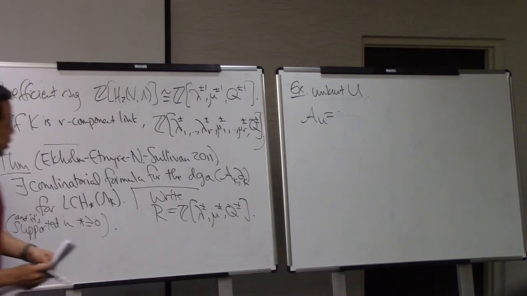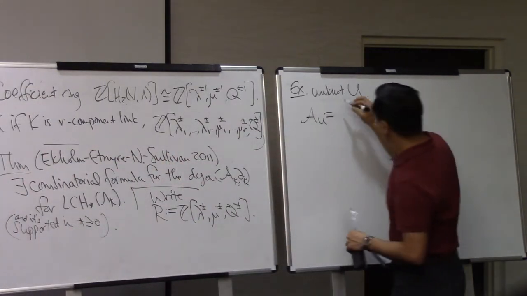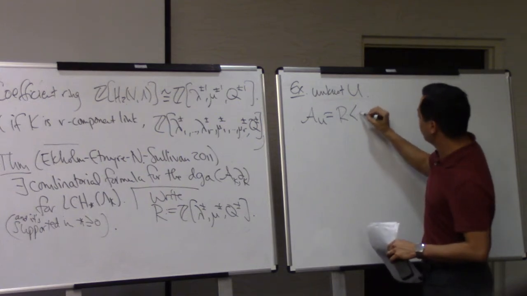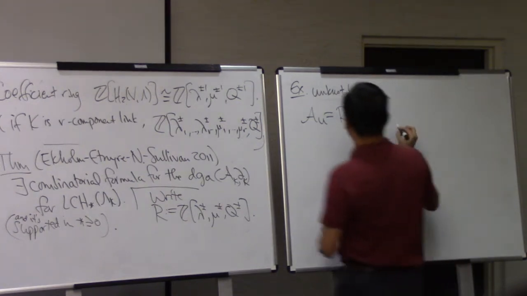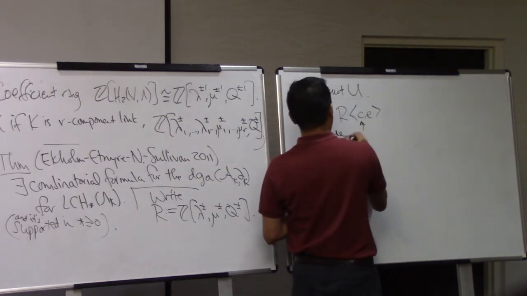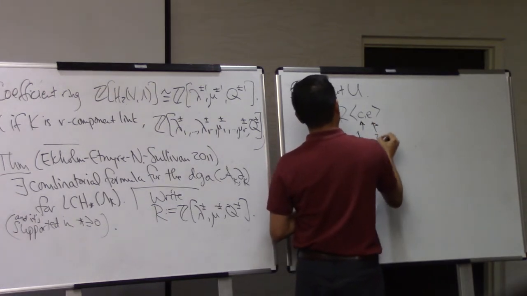For the unknot U, this is an algebra over R, and it's freely generated by two generators, which for historical reasons we call C and E. So C and E are in degrees 1 and 2.